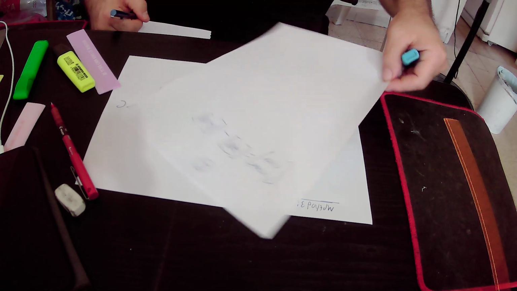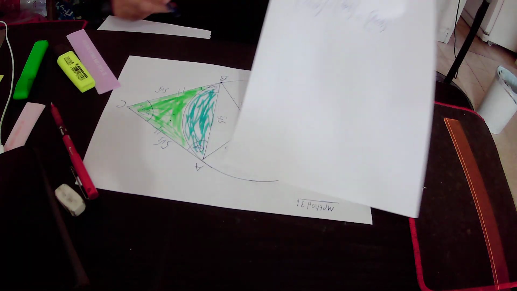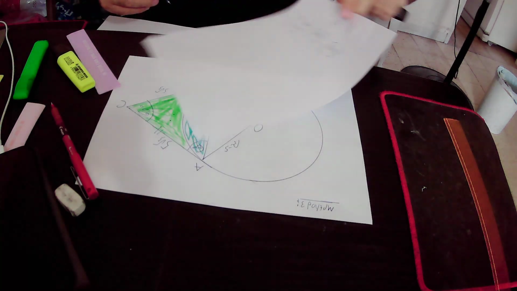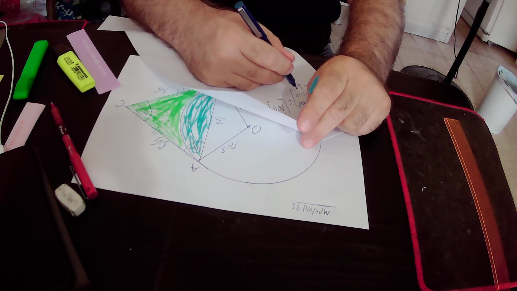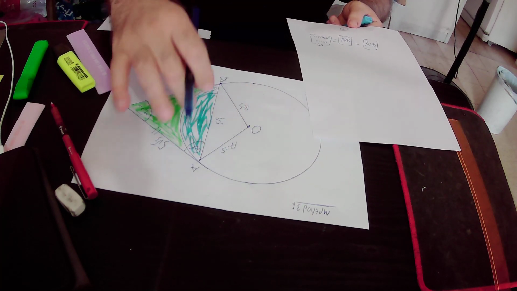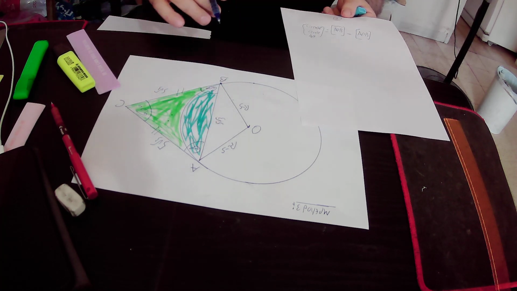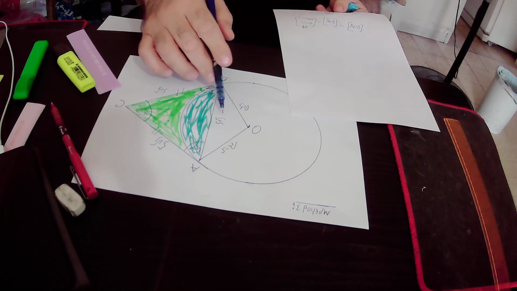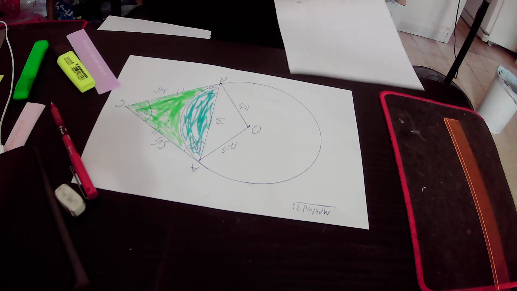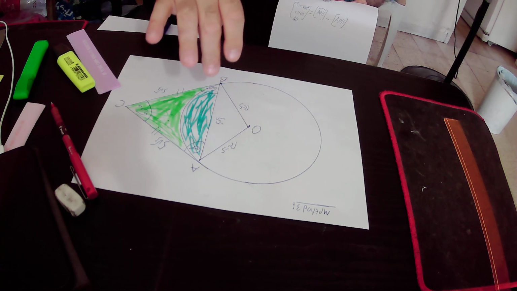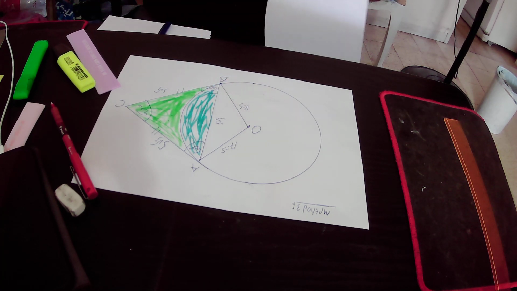I will repeat again, the area of the blue shape, or the area of circular segment AB, equals the area of sector AOB minus the area of triangle AOB. Okay? Very simple. The area of sector AOB minus the area of triangle AOB will be equal to the blue shape. Very simple. Okay?